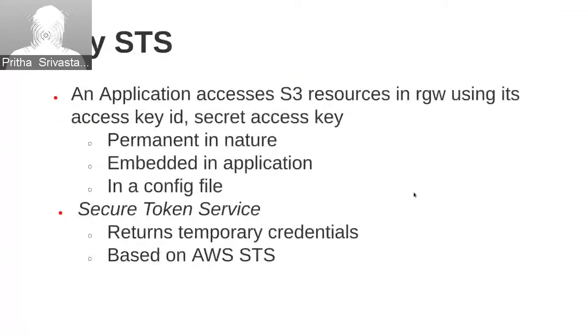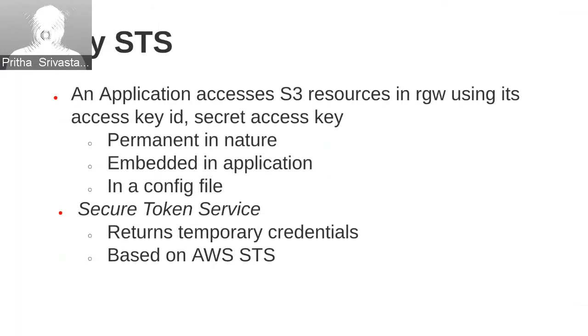So why is STS needed? An application can access S3 resources in RGW using its long-term credentials, which consist of an access key ID and a secret access key. And these credentials are permanent in nature, and often they are embedded inside the application or are there inside a configuration file.